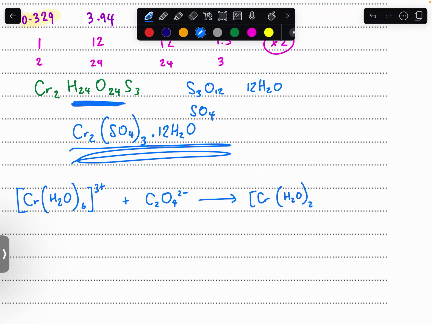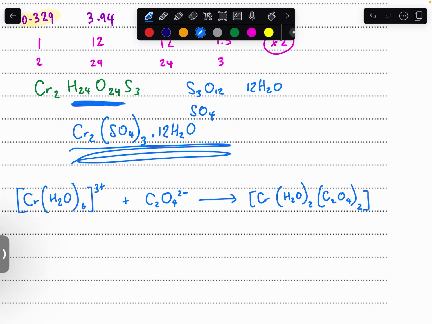There's still 2 water molecules left per chromium ion, and now there's going to be 2 lots of ethane dioate ions. And 2 of those.